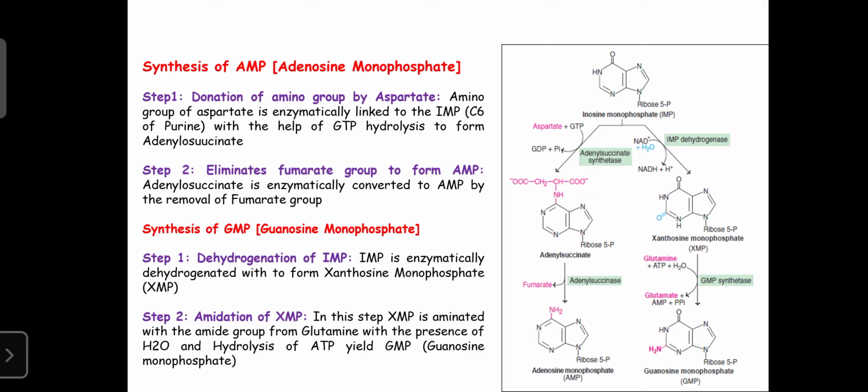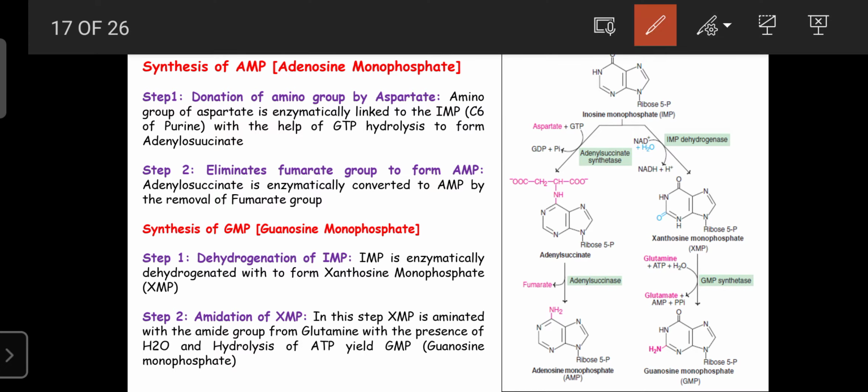In the first step, an amino group is added to the IMP by aspartate in the presence of the enzyme known as adenylosuccinate synthetase. This enzyme utilizes the amino group supplied by the aspartate and is responsible for the formation of adenylosuccinate, where GTP is converted into GDP and one phosphate group is released.